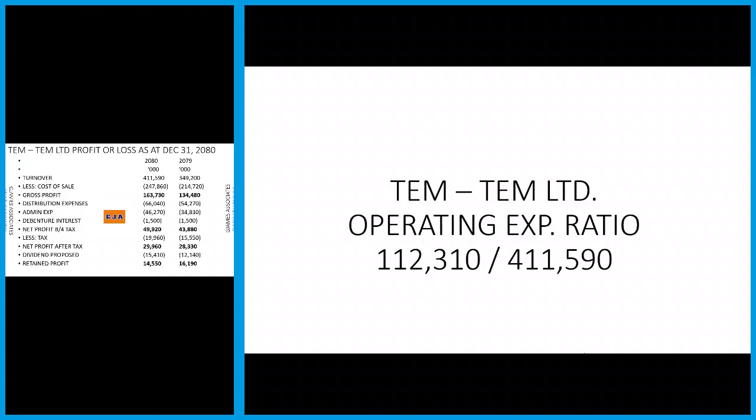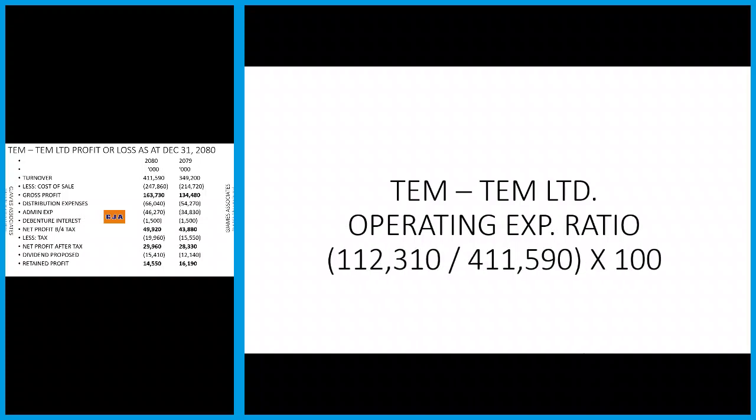So this is our ratio now, the operating expense over our sales, that is our margin, all in brackets. We are putting it in brackets now because of the virtual screen that we are using. So multiplied by 100. It must always be in percentage.